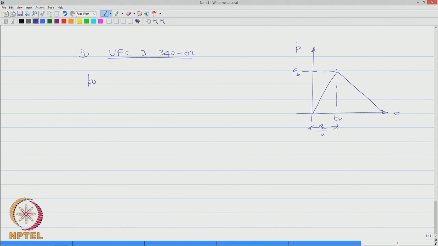In this case, the positive phase rise time is actually only S by U. The total duration is TD, the rise time is BL by U plus S by U, and the overall time is the rise time plus duration TD.